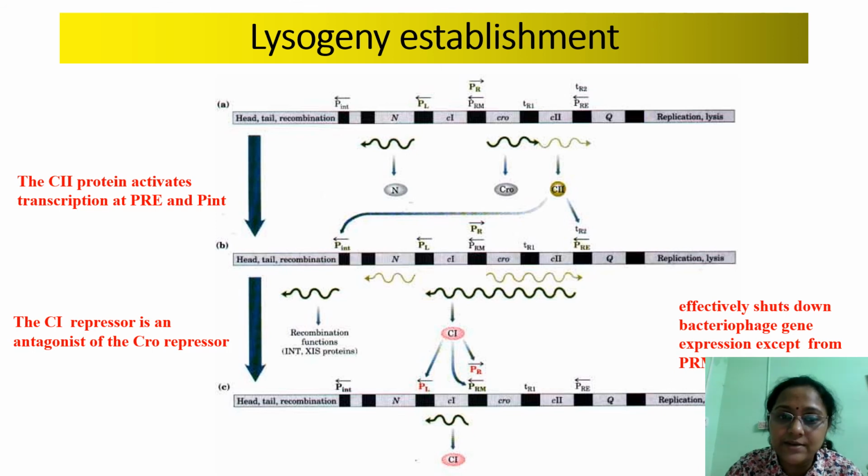Okay, and finally C1 inhibits all other gene expression other than from the promoter PRM, that is, C1 itself will be produced. Okay, so this is the lysogeny establishment. So N and CRO and Q will not be expressed here. Okay, if at all they are there, they will be inhibited by C1.